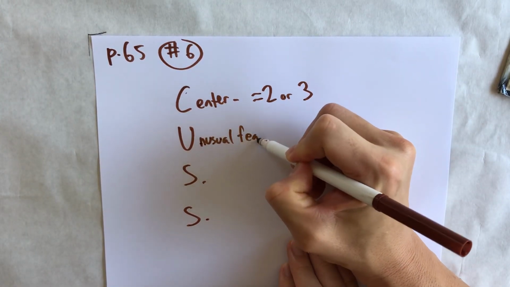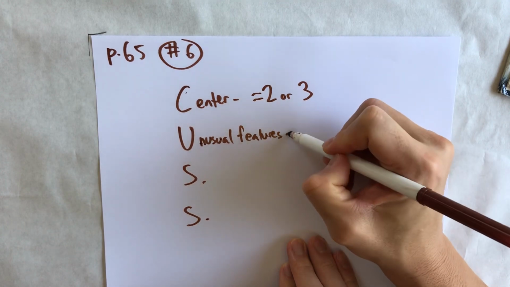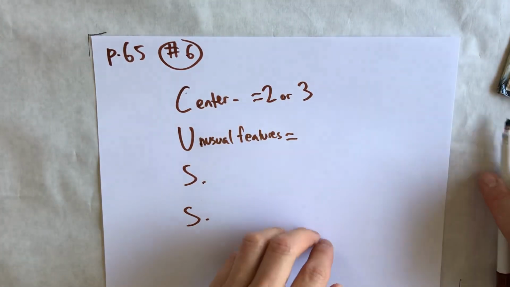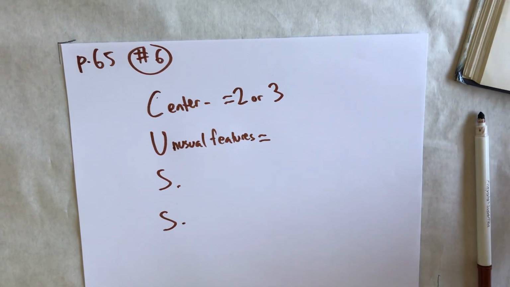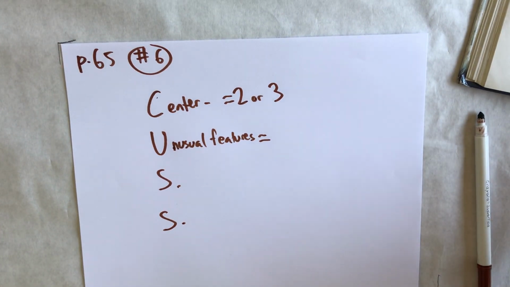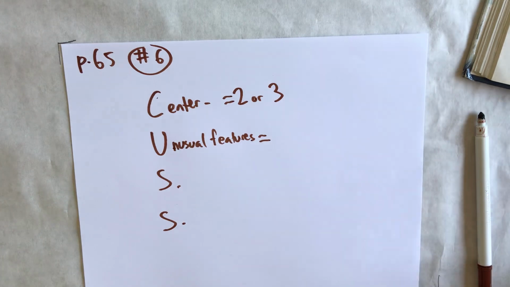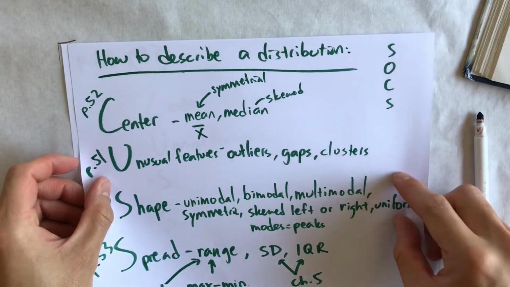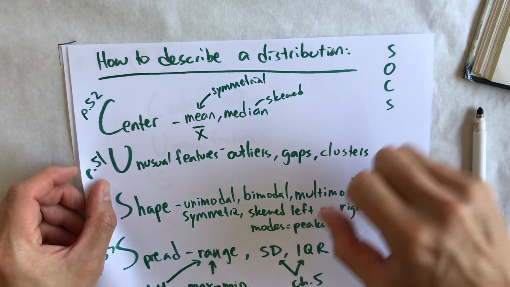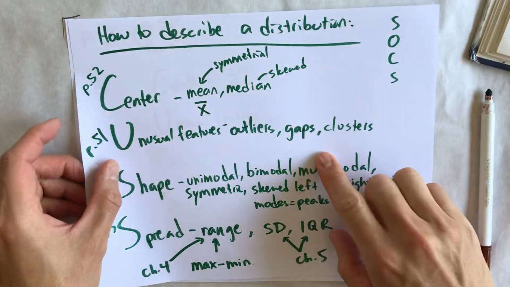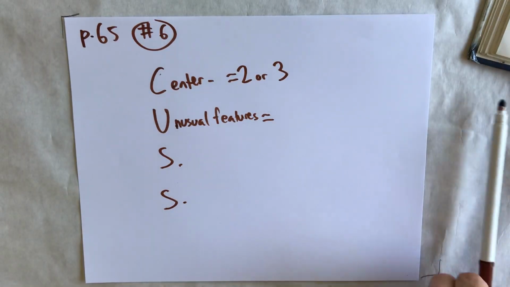Okay. Now, any unusual features? And remember back to our notes last time, unusual features talks about gaps, clusters. We should take a moment to review that right now. Outliers, gaps, and then clusters. Are there any gaps or clusters or outliers here?